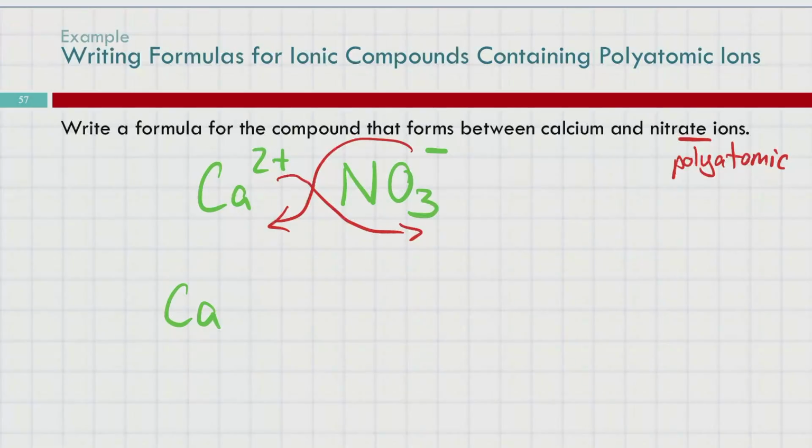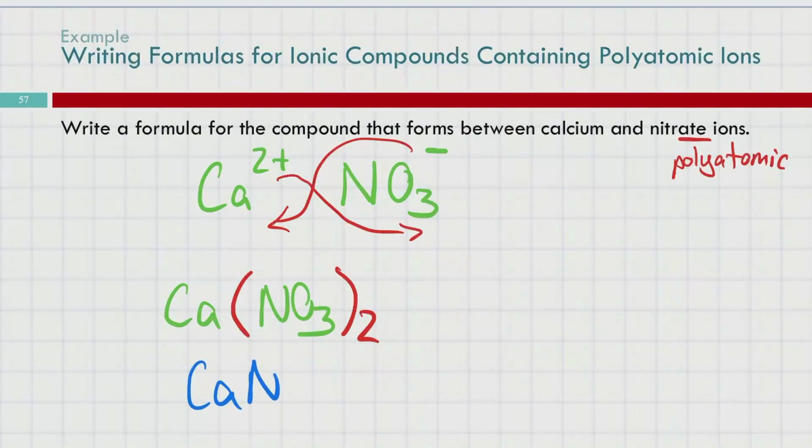So this would turn into Ca, open parentheses, NO3, close parentheses, 2. You might be able to imagine if you didn't put those parentheses there, that 2 could get confusing. So for example, CaNO3 2, which is not what we have. We don't have 32 oxygens.